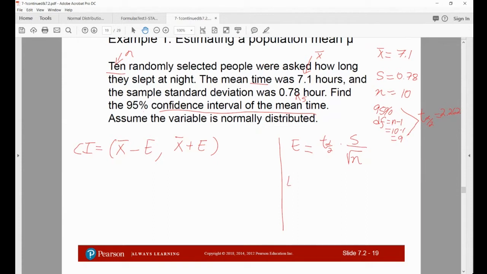So now we have everything that we need to find the margin of error. This will be 2.262 times the standard deviation, 0.78, divided by the square root of n, so the square root of 10. So use your calculator and round to 4 decimals. What's the margin of error?